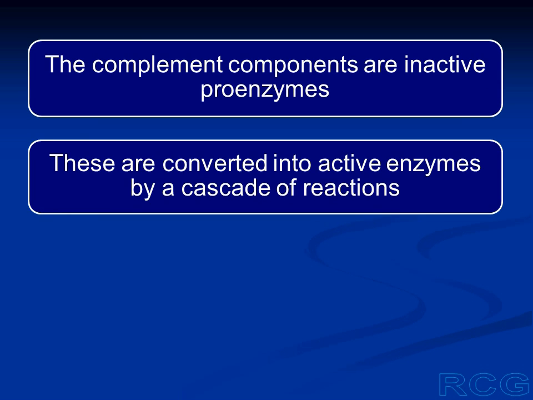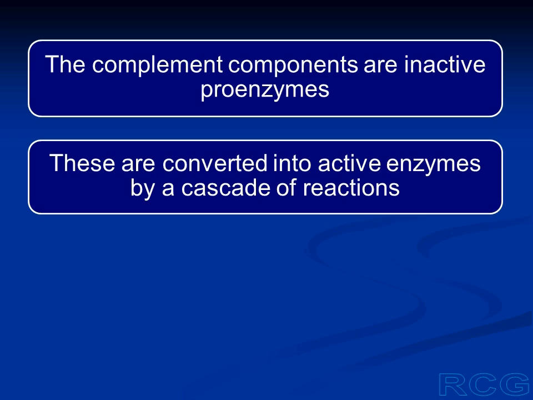These complement components are inactive proenzymes. They are converted into active enzymes by a series of reactions. And in this series of reactions, one complement acts on the second, converts the proenzyme into enzyme.